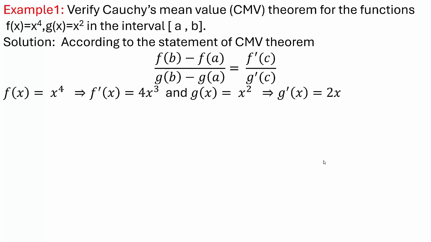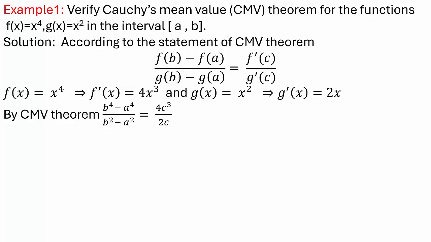Here, f of x equal to x raised to 4 is given. Therefore, the derivative of fx, that is f dash x, becomes 4x cube. And g of x equal to x square. This implies that g dash x is 2x. So f x equal to x raised to 4, f dash x is equal to 4x cube, g of x equal to x square, g dash x equal to 2x.